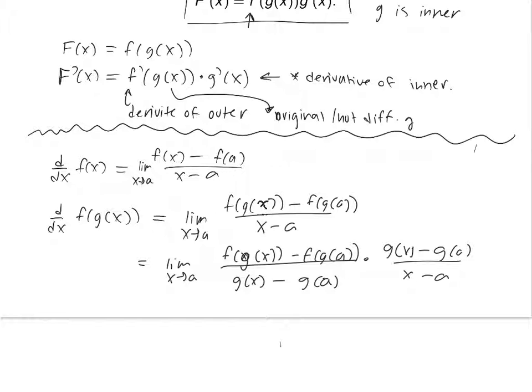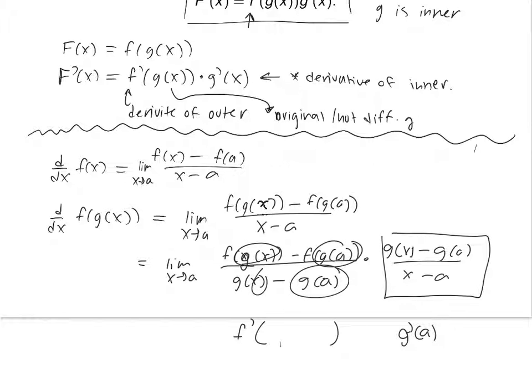Because I'm multiplying by 1, right? Because I did it in the denominator and the other numerator. And this last expression, that's g prime of a, right? The first expression is f prime of, you see how it's got g's plugged in instead of just plain old x's, right? So that's f prime of g of a. So that's a technical reason why this rule works. What you're just going to have to do is use it a whole lot.